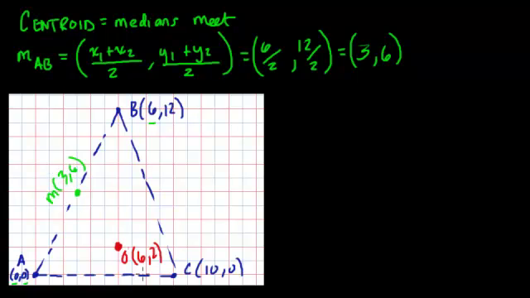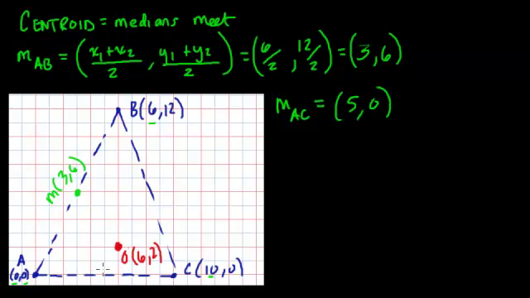The centroid is kind of nice because here, in the bottom line, for example, we don't really need the midpoint formula. The midpoint of AC is just the halfway point of a line. And this line is 10 units long because it goes from 0 up to 10 on the x-axis. So the midpoint will just be (5, 0), half of 10.